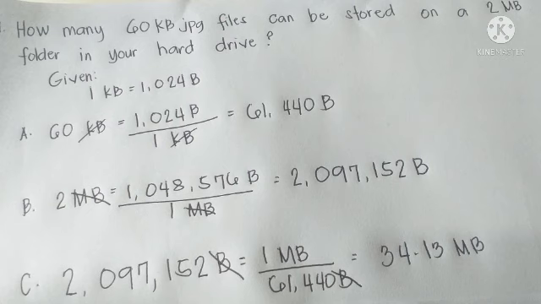Next step, let us convert the 2 megabytes into bytes. So 2 megabytes is equal to 1,048,576 bytes all over 1 megabyte. Again, let us put it this way so that we cancel the megabyte.